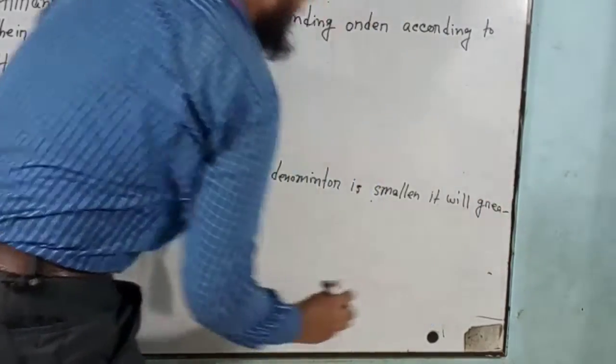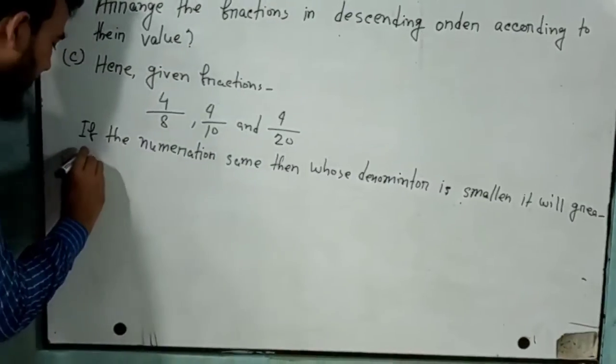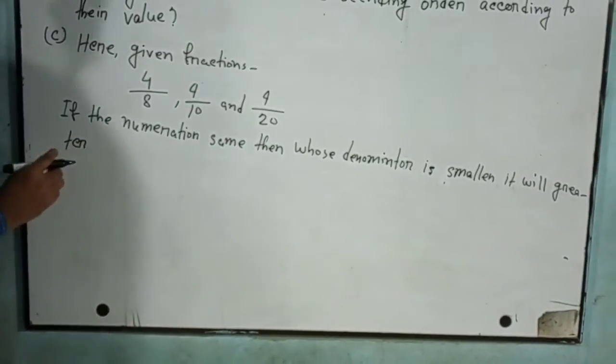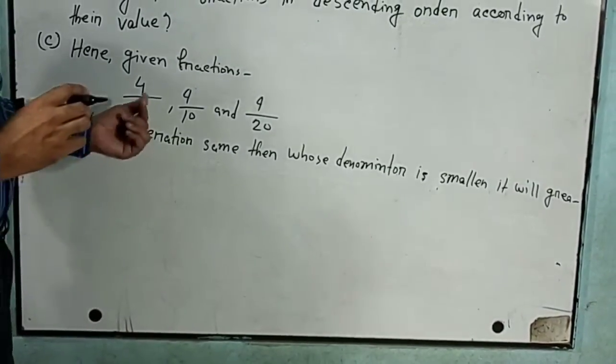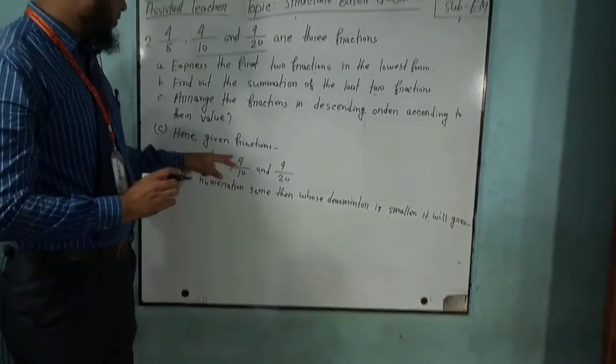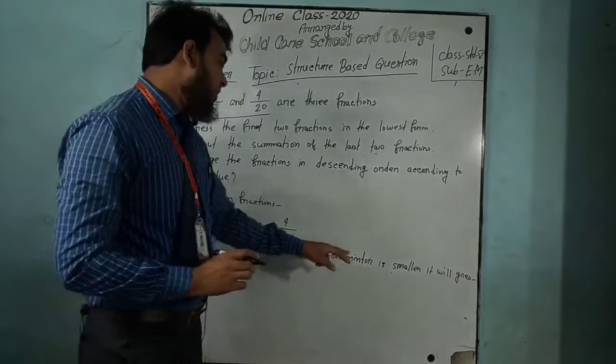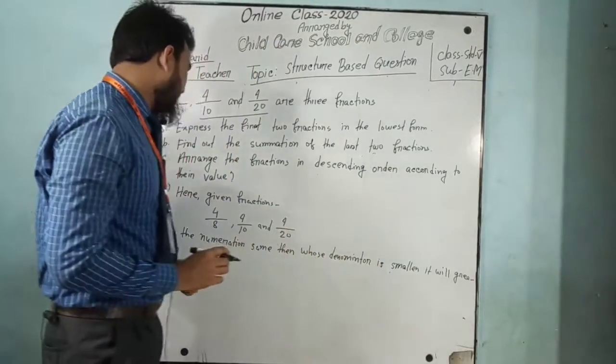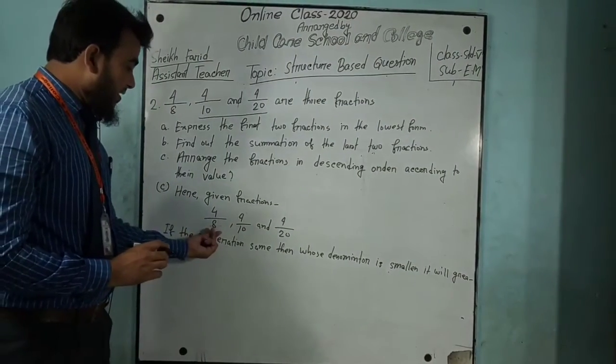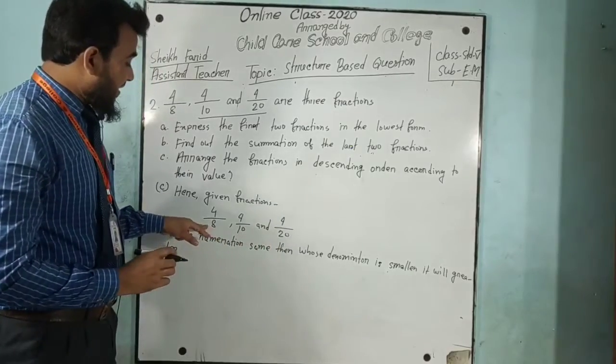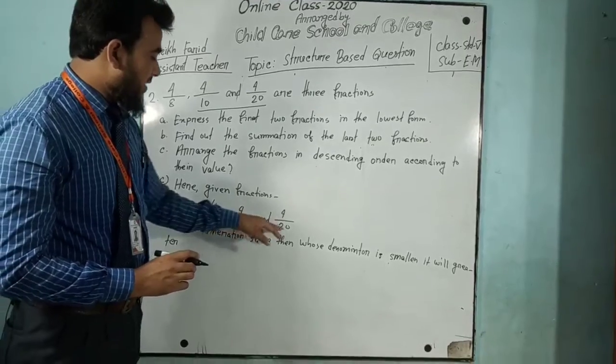I think you could understand that. If the numerator is the same, look here, all of the fraction numerators are 4, 4, 4. And whose denominator is smaller, it will be greater. So here the denominator is 8, here 10, here 20. So this is greater, and then it is smaller, then it is smaller.